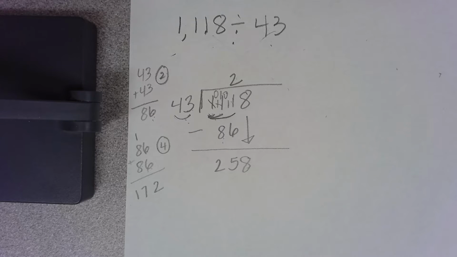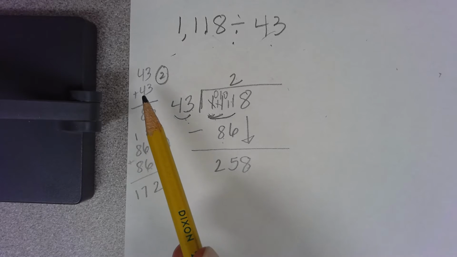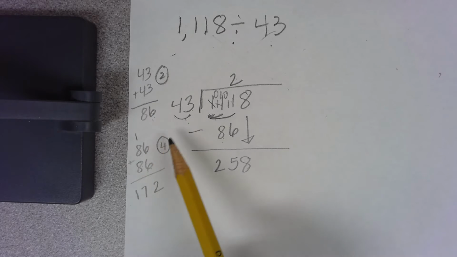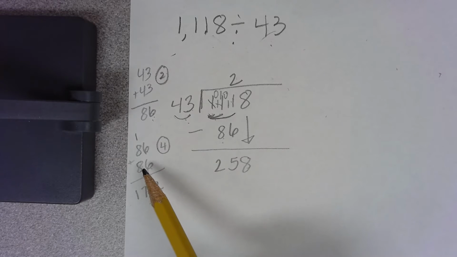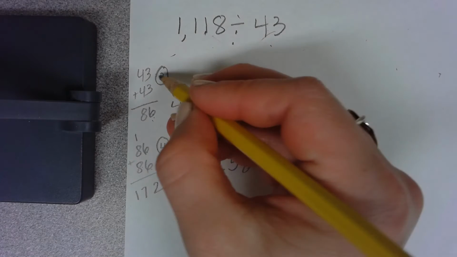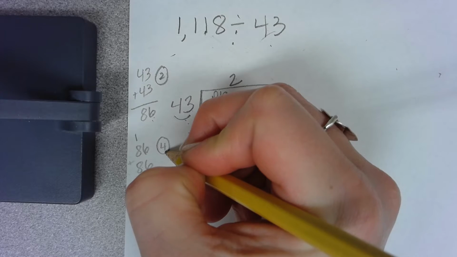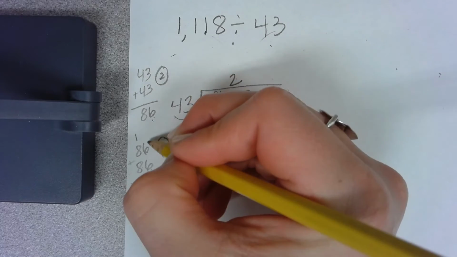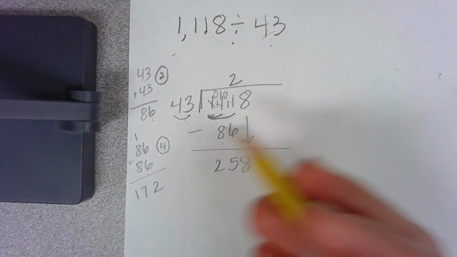Still not quite 258. Now you kind of have to make a decision. Do you think, or do I think I can put another 2 groups of 43 in, or should I just try 2 for now? I think I may be able to put another 2 groups in. So now I'm up to 4.